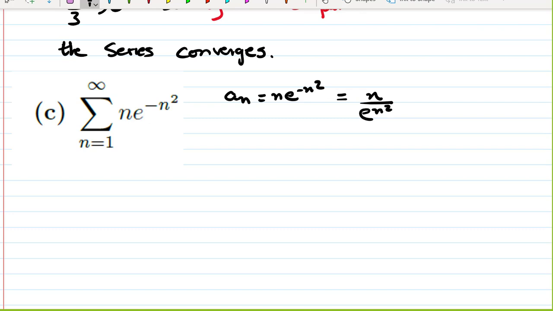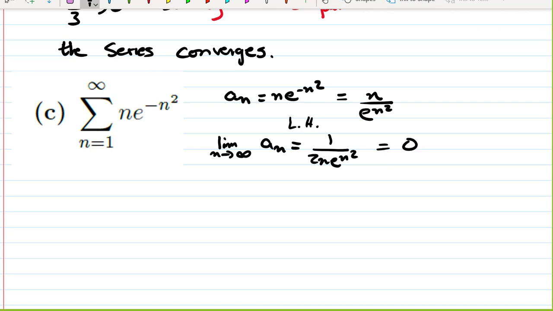So it looks like the limit as n goes to infinity of the a_n is, well, that's type infinity over infinity. So if we use L'Hopital's rule, the derivative of n is going to be 1, and the derivative of e to the n squared is 2n e to the n squared, which is a constant over infinity, which gives us 0.